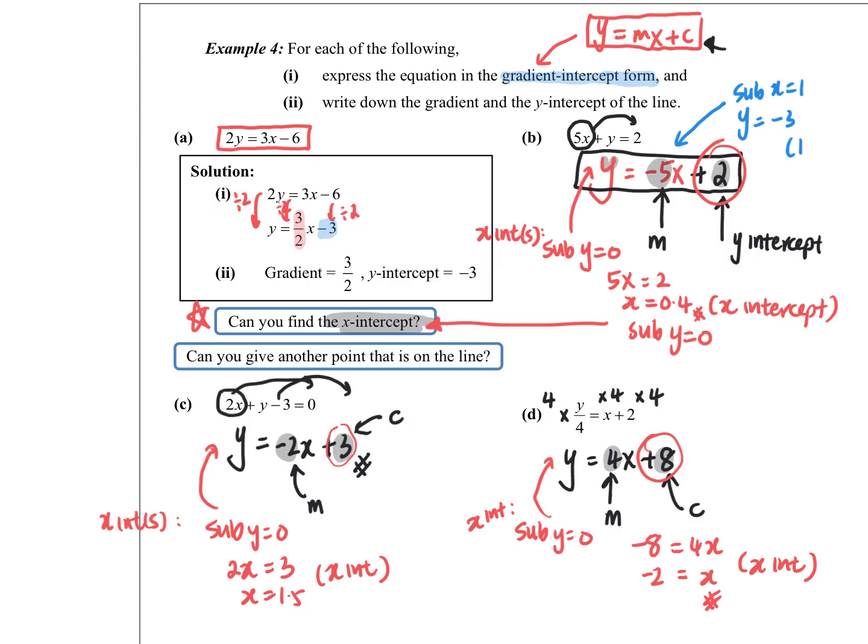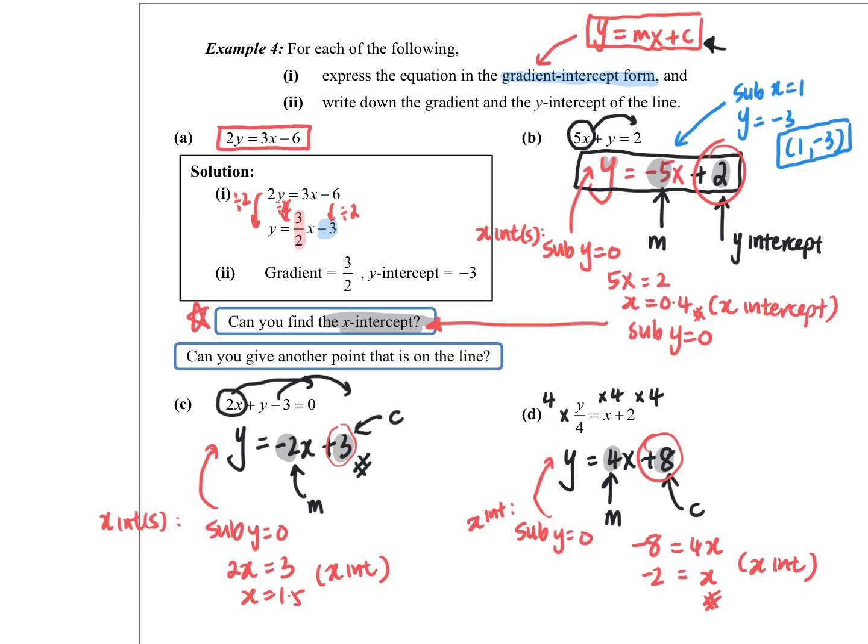So this is another point on the line. So you just have to pick an x value, plug it in. The y value that is given to you, the pair of values, is another point on the line. So any line is made up of infinitely many points. You just have to sub in the x to find the corresponding y.